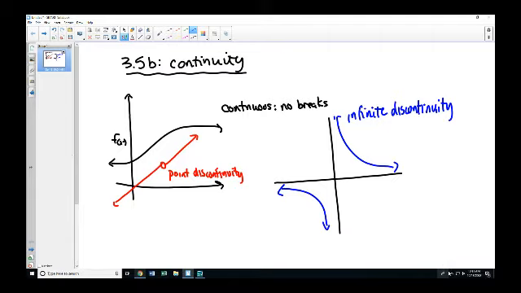Okay, there's one more. Most often pops up with piecewise functions. The jump discontinuity. Okay, those are the three types of discontinuity that we'll study.